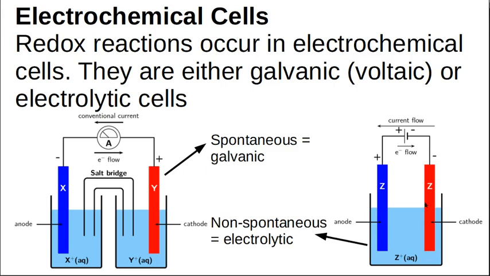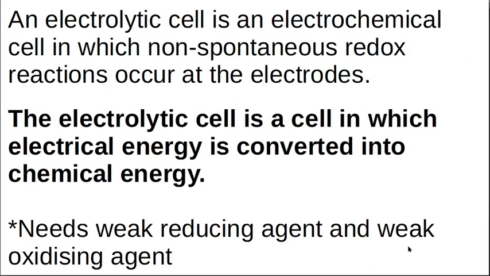The difference here is not only here we have to put in energy, okay, this one produces energy, this one you have to put energy in, so energy out, energy in, and it's in a solution of the ions. And if you can see, both of these electrodes are actually the same metal, Z and Z, and a Z plus solution. So an electrolytic cell has got a non-spontaneous redox reaction at the electrode.